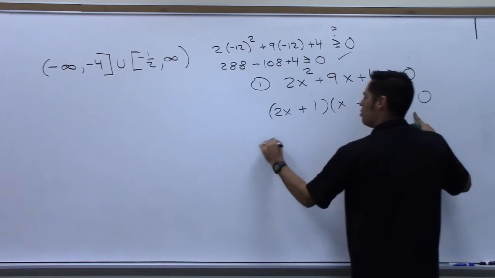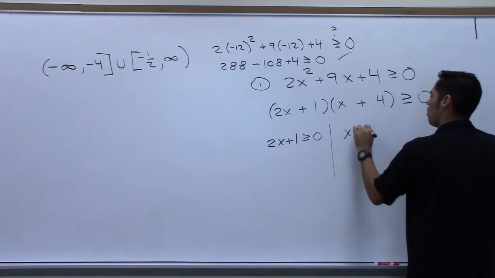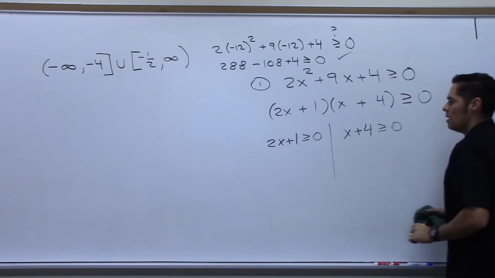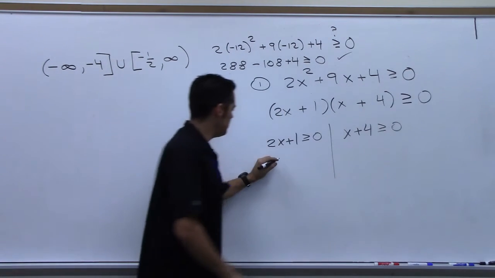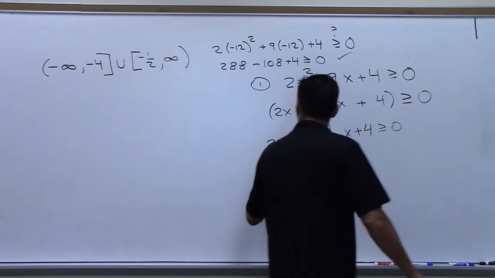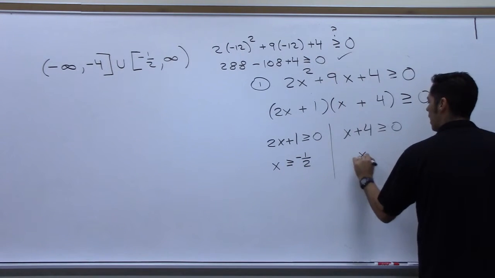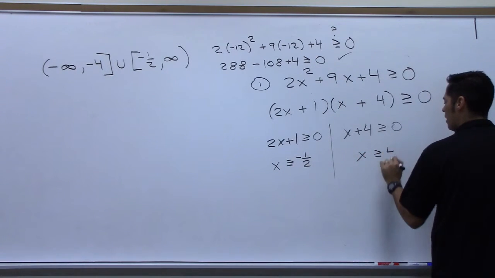So they get like 2x plus 1 greater than or equal to 0, and then the other one, x plus 4 greater than or equal to 0. And so this answer right here, if you move the 1 over, divide by 2, you get x is greater than or equal to -1/2. And this one over here, you get x is greater than or equal to -4.